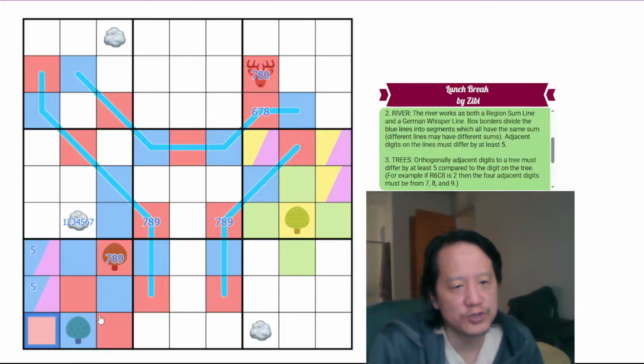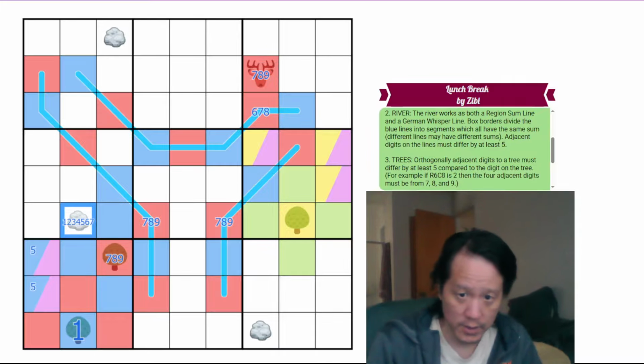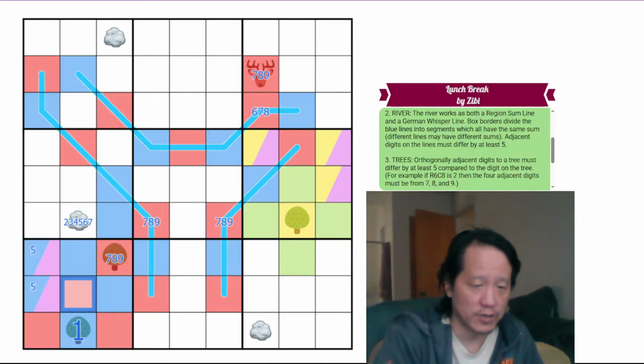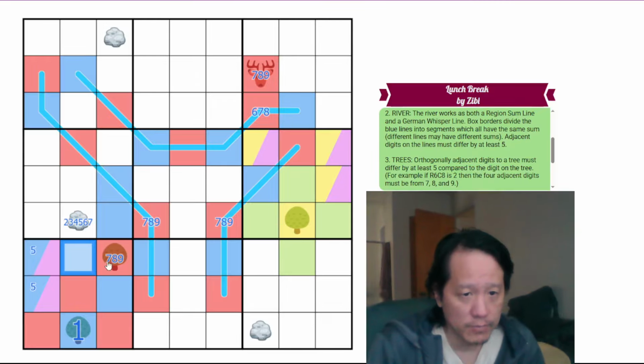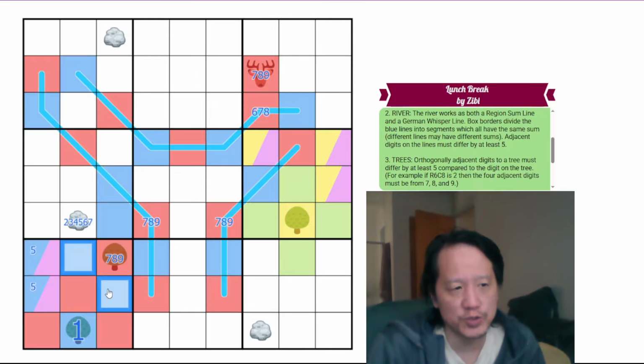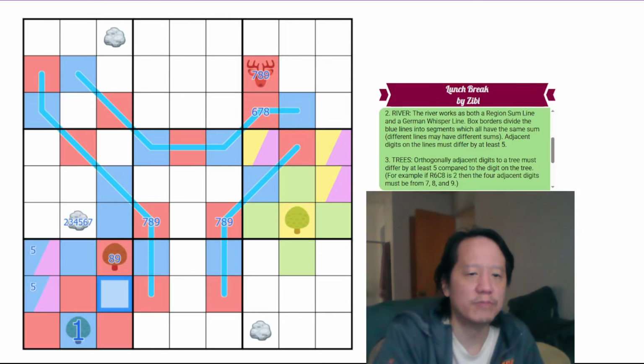This digit is next to 3 unique digits, and one of them has to be 6, so this has to be a 1. Okay, that's helpful. So this cannot be 1 here. These 2 digits must be at least 2 and 3. So this cannot be 7 here.